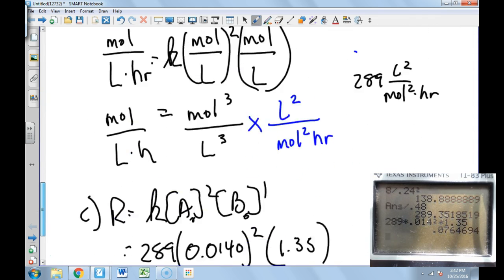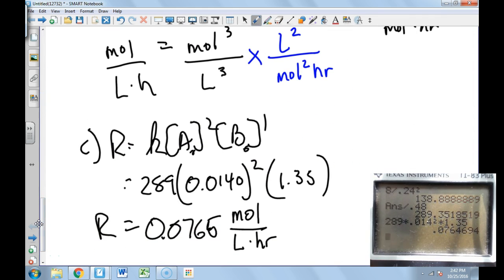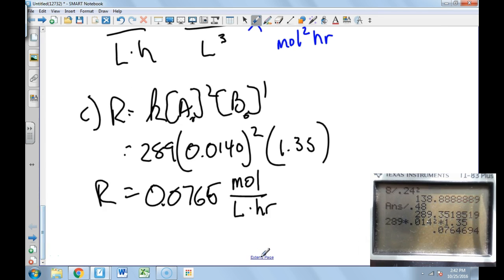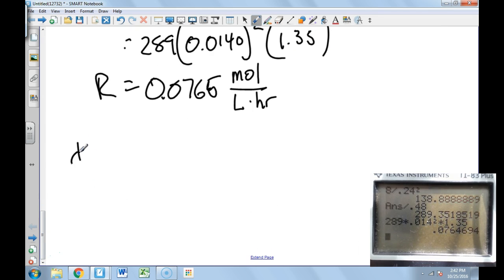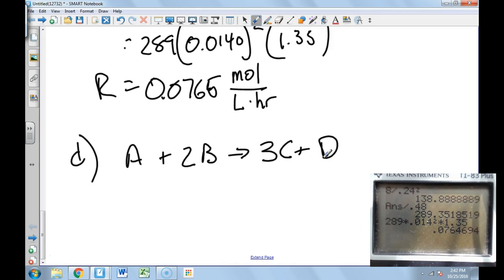Okay, then part D. I don't want to say it's a trick question. It's just a question that isn't a kinetics question. Part D has to do with stoichiometry. So we have A plus 2B reacts to form 3C plus D. That's the reaction.